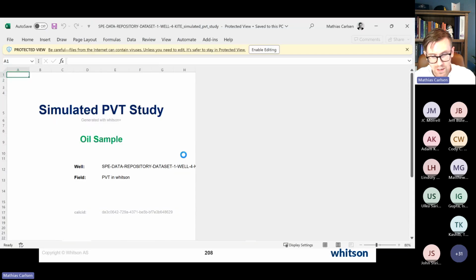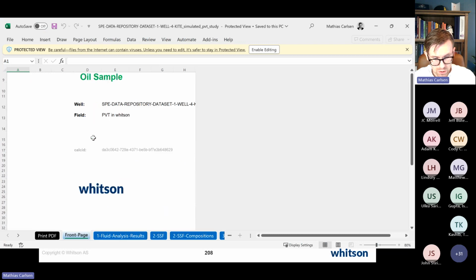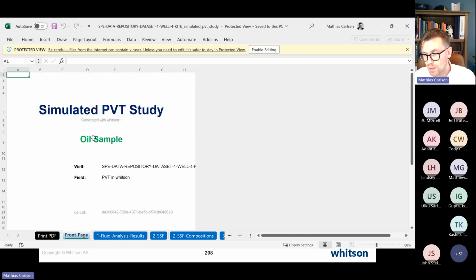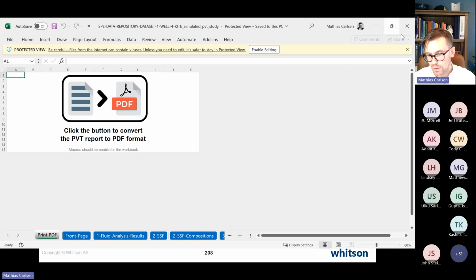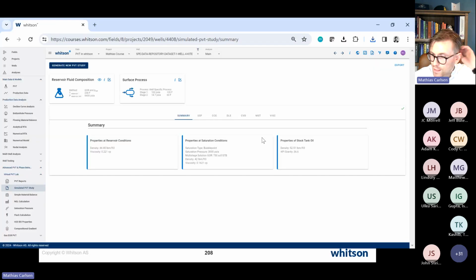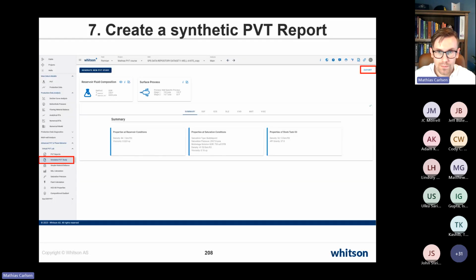It's called a synthetic simulated PVT report generated in Whitson Plus. It can be very helpful to communicate with, you know, non-op owners and stuff like this. You can convert it directly to a PDF if you like to, with the click of a button here. So that's a neat feature that a lot of people like to use.